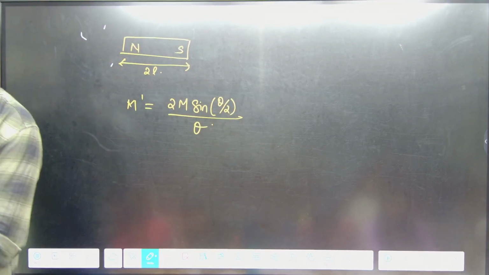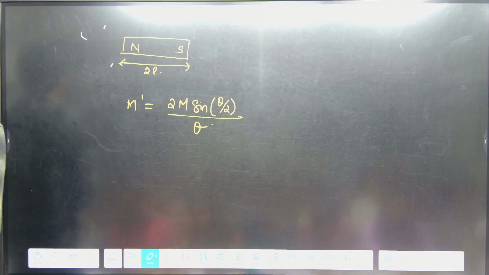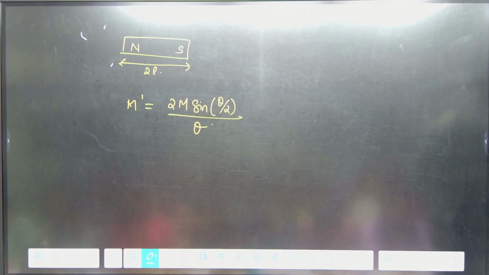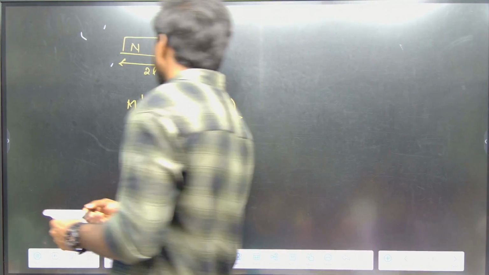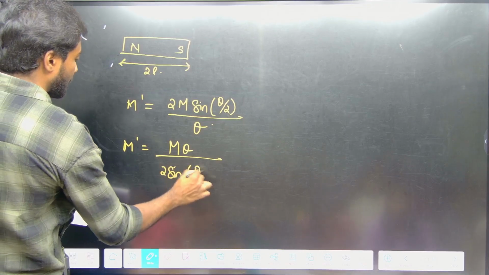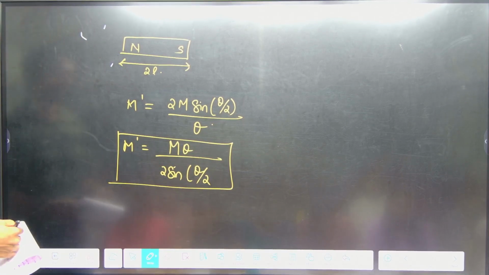Write down: when an arc-shaped magnet is straightened into a bar magnet, then the magnetic moment M dash will be equal to M theta by 2 sin theta by 2.